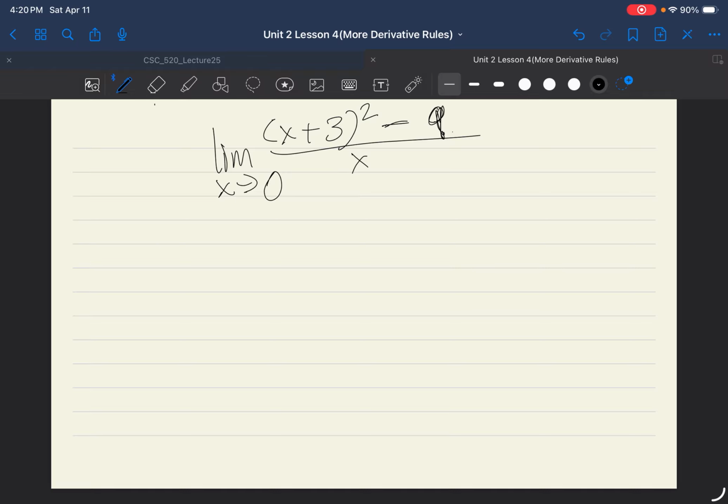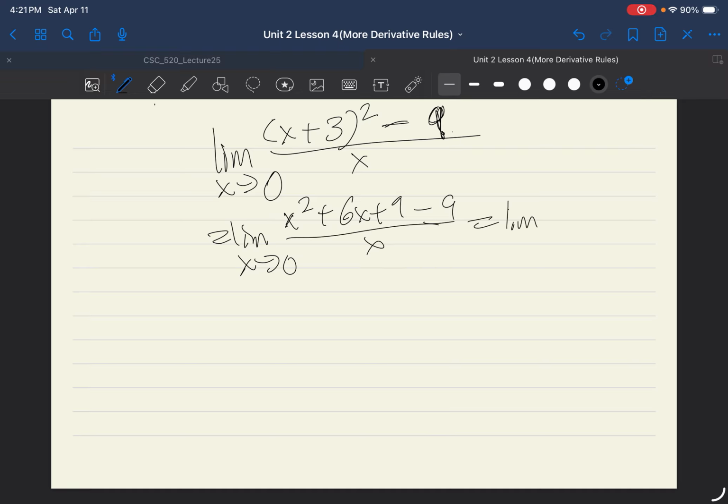So obviously what you would normally do is you would go limit as x approaches 0 of x squared plus 6x plus 9 minus 9 over x. And then that's going to be equal to the limit as x approaches 0. Excuse me.